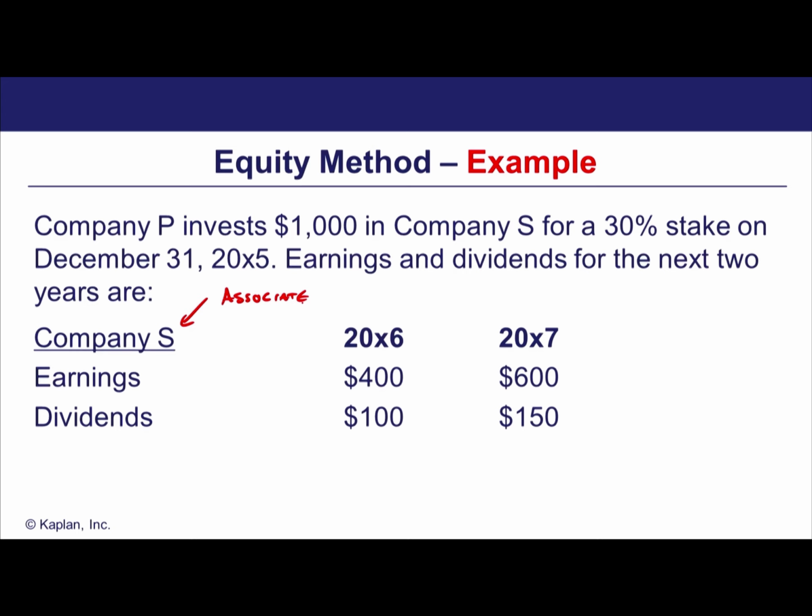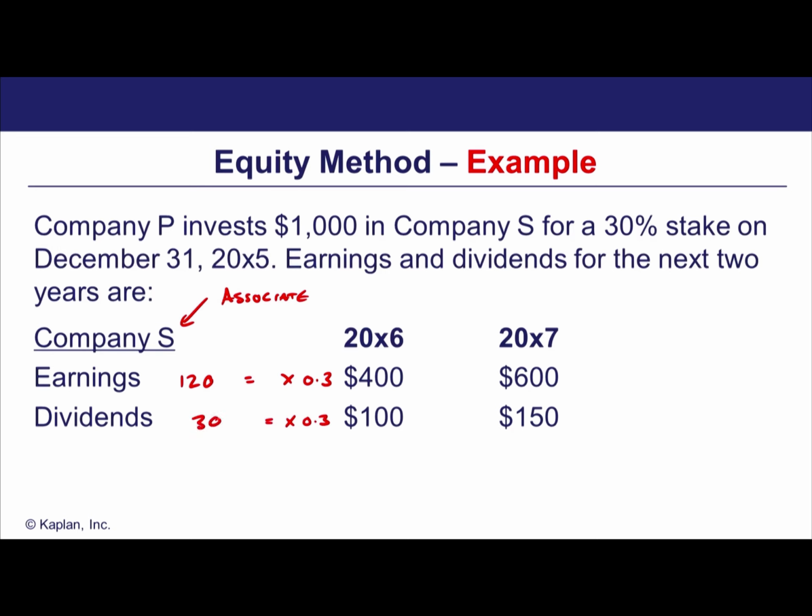Now remember what we're going to do is bring in our share of that. So when we look at its earnings, we're going to say, okay, hang on a second, we own 30% of the company. So we're going to multiply by 0.3, and that means we're going to be bringing in $120 of income, and that's going to go through our income statement. Again, multiply the dividends by 0.3, and that means a dividend of $30.